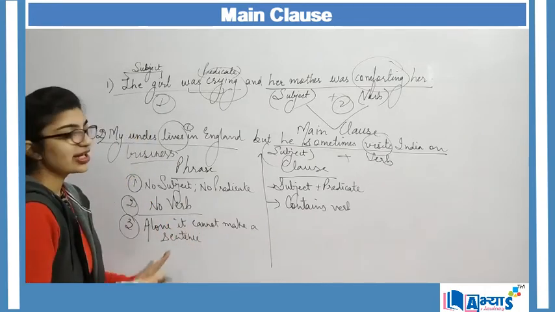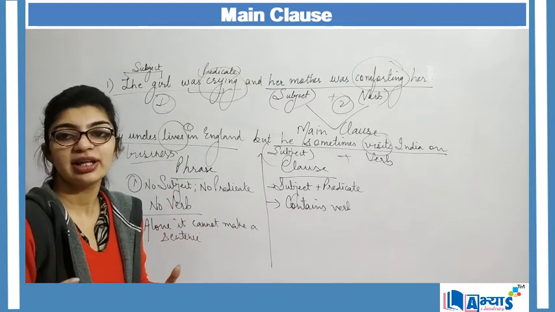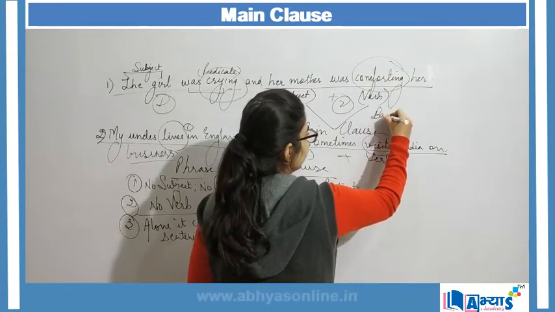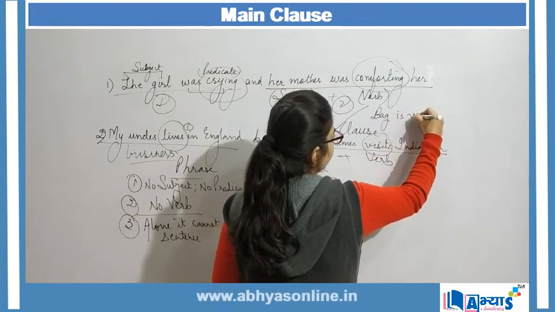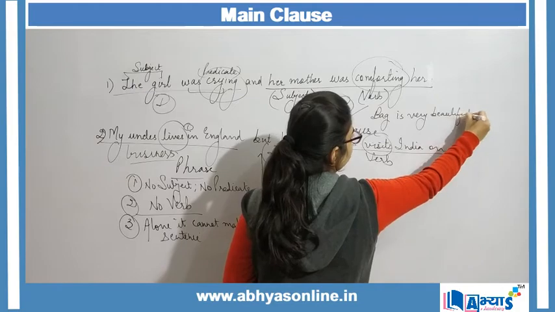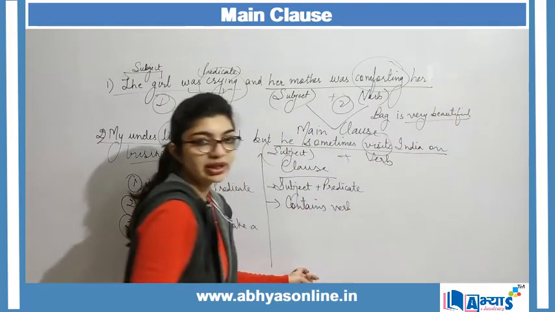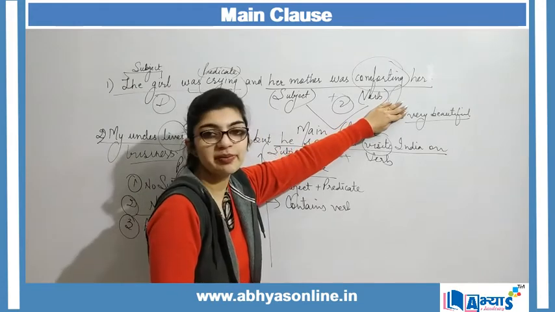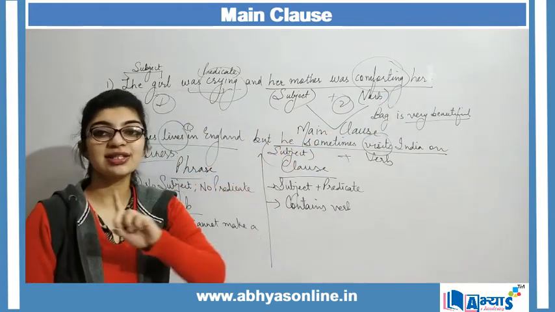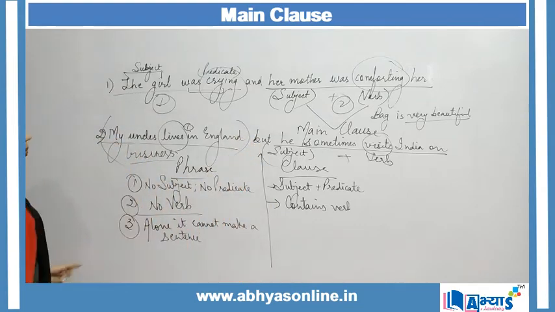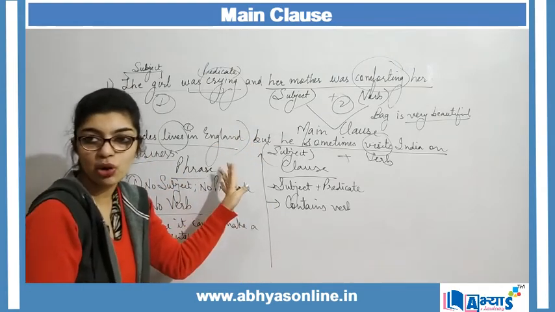Right? If I just use a phrase like I say, bag is very beautiful. When I say bag is very beautiful, over here is my phrase. But if I leave bag and I say very beautiful, my sentence is wrong. But when I say my uncle lives in England, this is a clause.